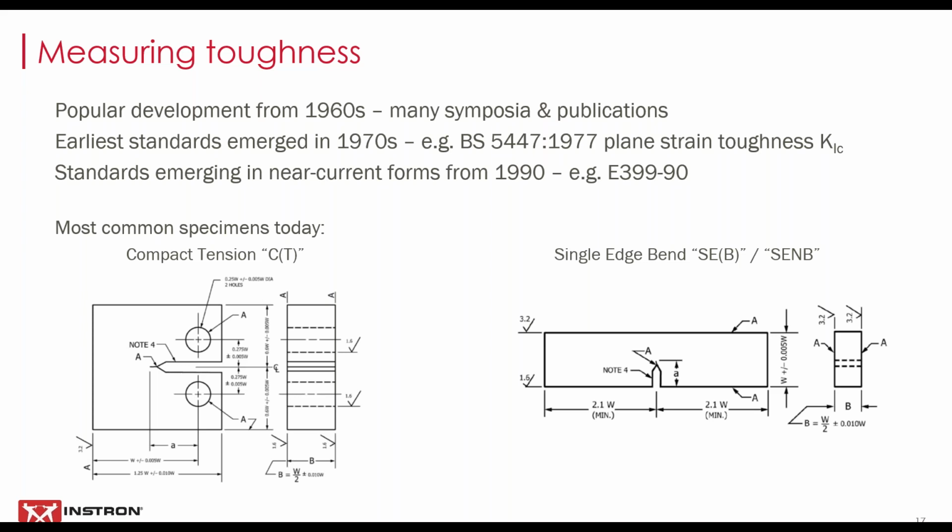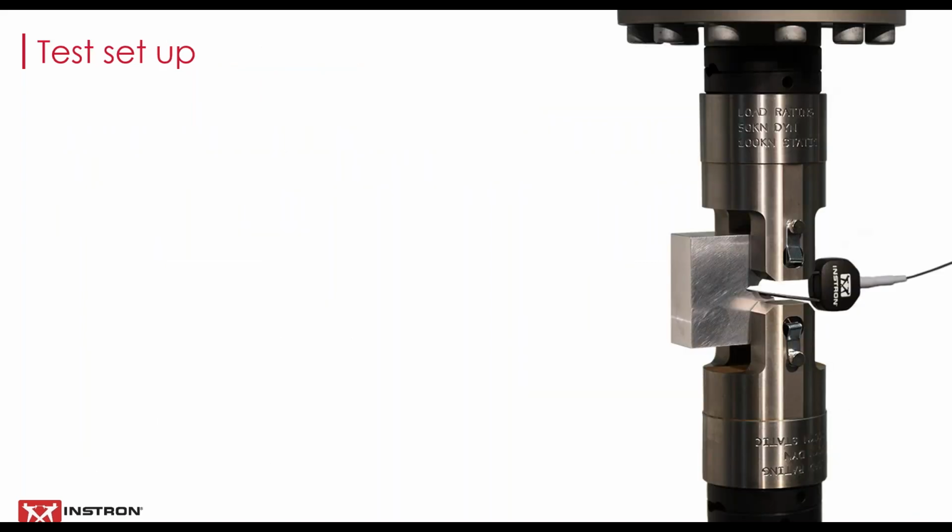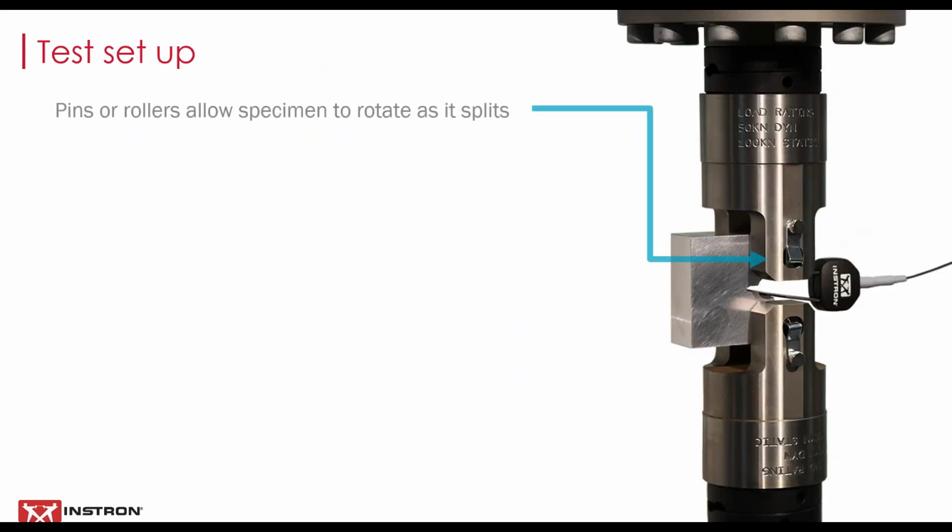But fundamentally, you'll see something with a square side view, a CT specimen, or a rectangular side view, the bend specimen, an SENB specimen, and you load these either with tension or with bending, and that brings me on to my next slide of the test setup.